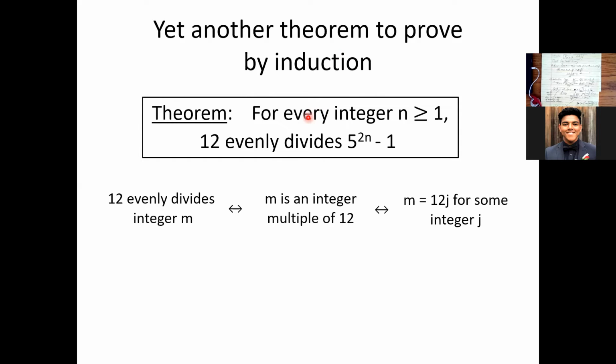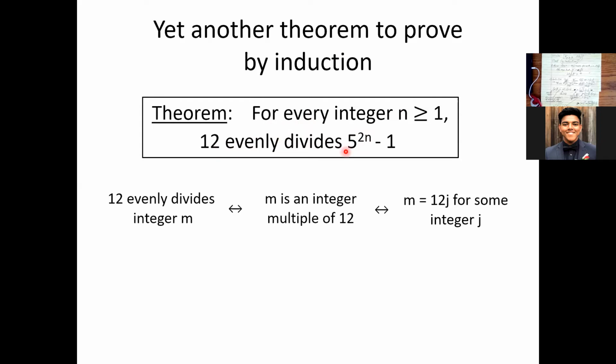Here's a different type of thing that you could prove by induction. It's not so easy to see recursive things in here, at least they're not explicit. For every positive integer n, if I take 5 to the power 2n and subtract 1 from this power of 5, I get an integer that is divisible by 12.